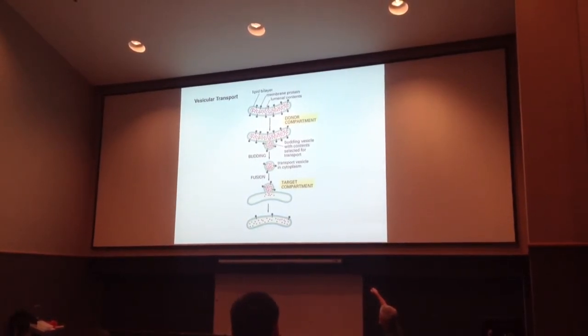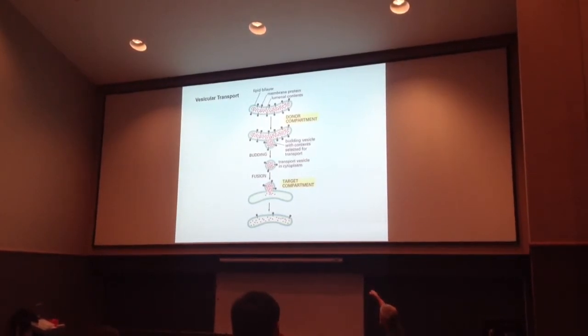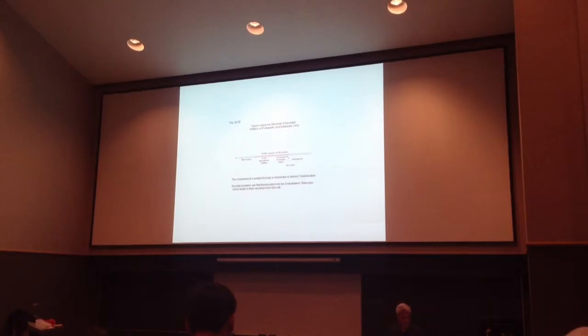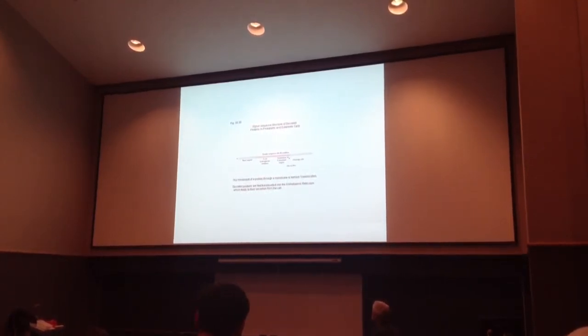And that membrane vesicle is moving and fusing with another set of vesicles to target. And this is the process by which proteins move from the endoplasmic reticulum into the Golgi apparatus. So we'll talk about that, but not today. I just wanted to let you know what that was. So how do proteins get into the endoplasmic reticulum?